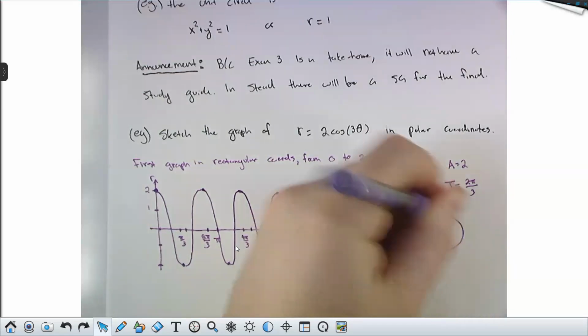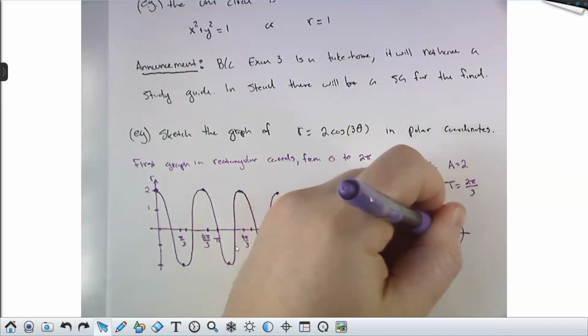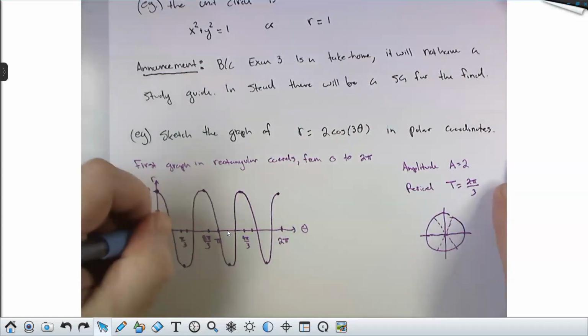So think about your circle, the unit circle. Pi over 3, 2 pi over 3, 3 pi over 3, 4 pi over 3, 5 pi over 3, 6 pi over 3. This is pi over 6, right?